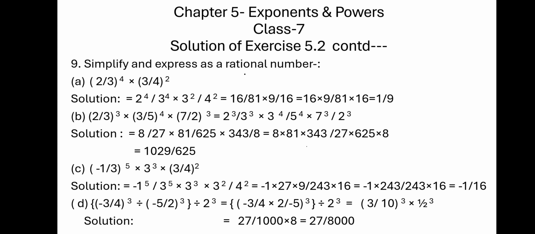B question. (2/3)^3 into (3/5)^4 into (7/2)^3. Now (2/3) raised to the power of 3 means 2 raised to the power of 3 upon 3 raised to the power of 3 multiplied by, again similar, 3 raised to the power of 4 upon 5 raised to the power of 4, that is (a/b) raised to m gives you a raised to the power of m upon b raised to the power of m.